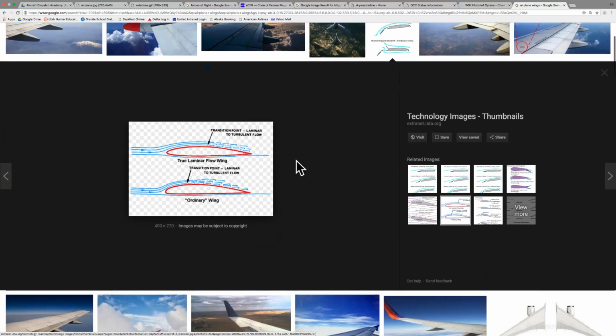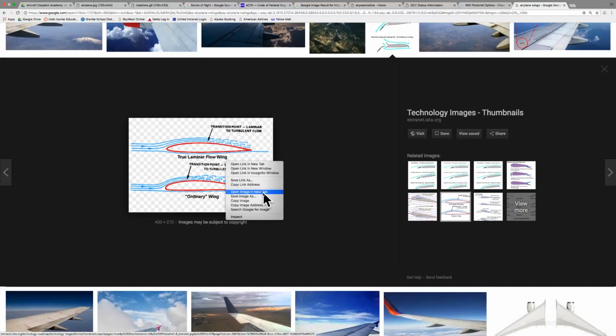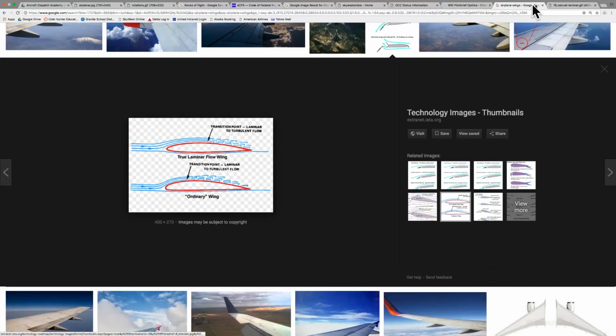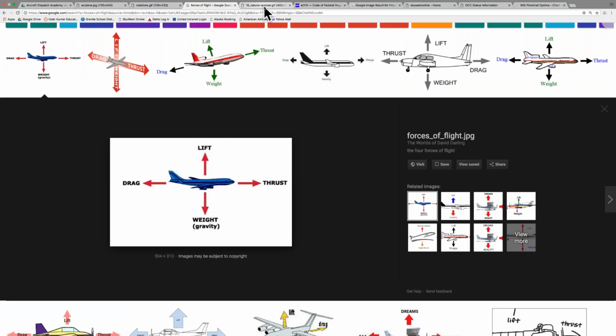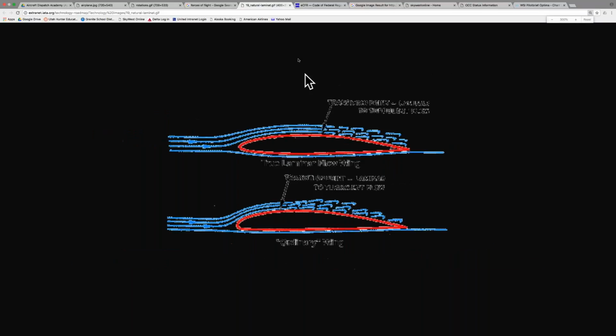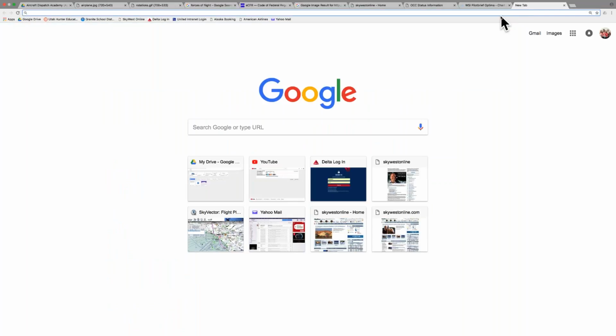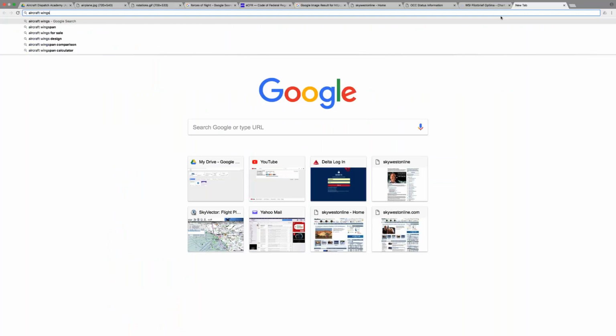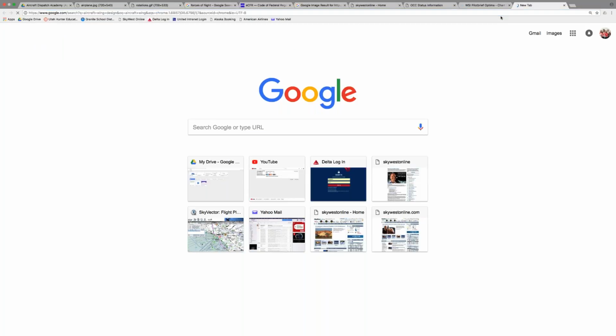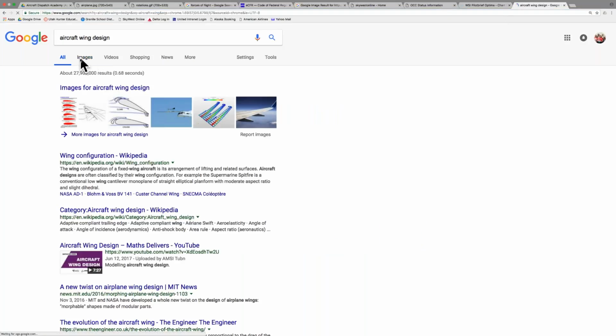So this image here, let's see if I can blow this image up just a little bit. Let's see if that didn't mess up the image. Kind of looks funny. That doesn't look right. There we go.